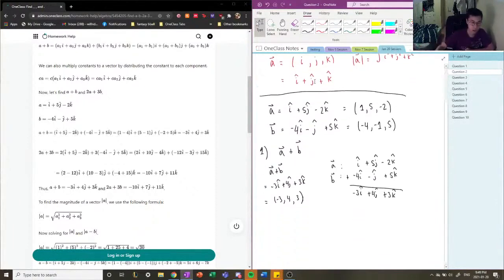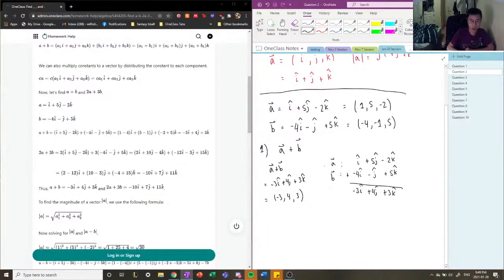So we first multiply our vectors by their respective constants, and then add them together. 2A is going to be equal to 2i plus 10j minus 4k, and 3B is going to equal negative 12i minus 3j plus 15k.